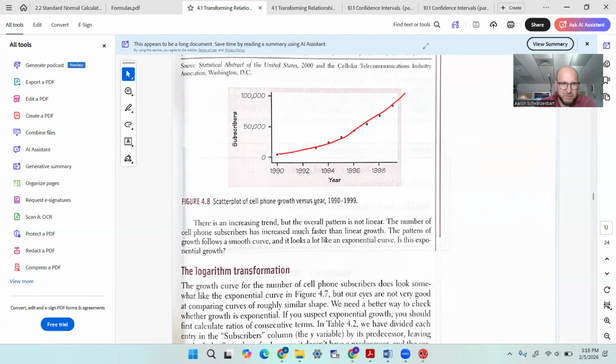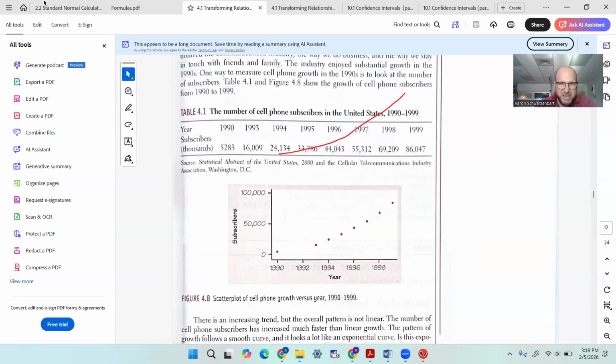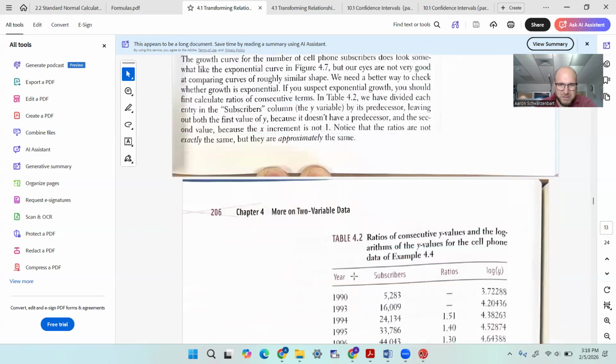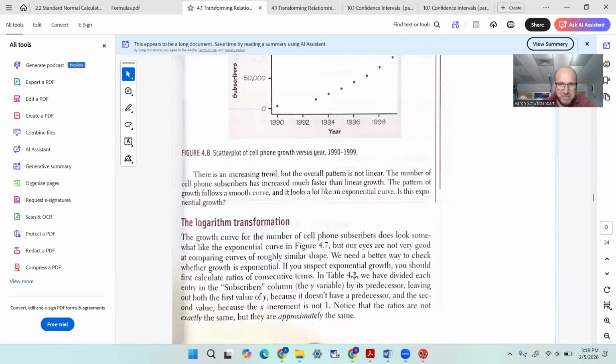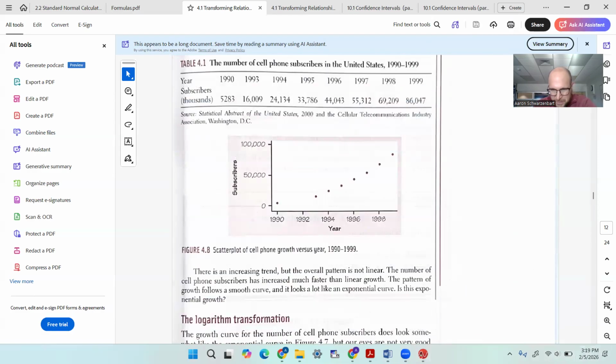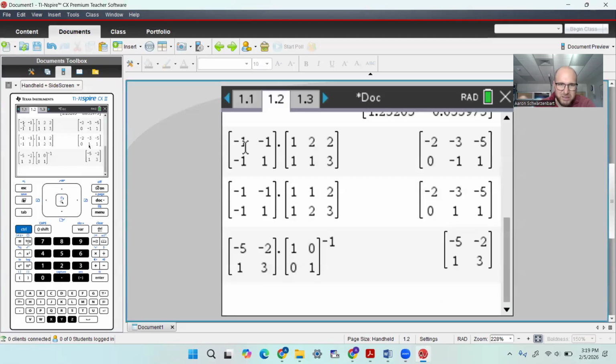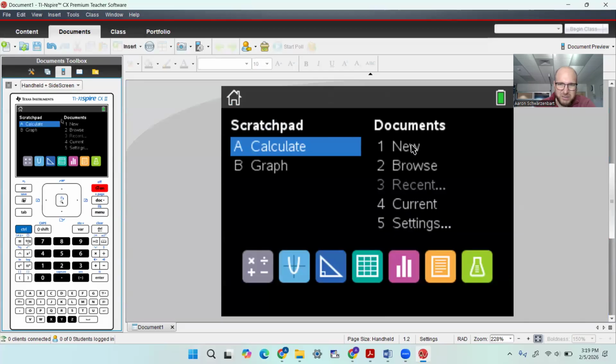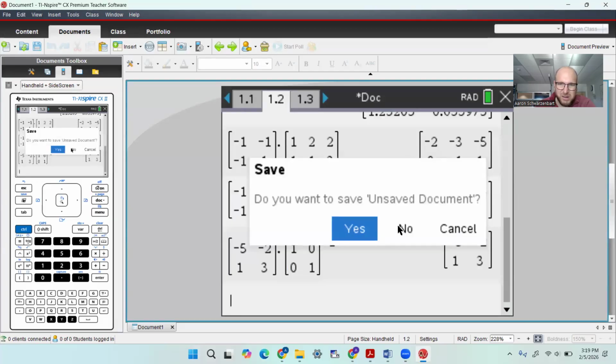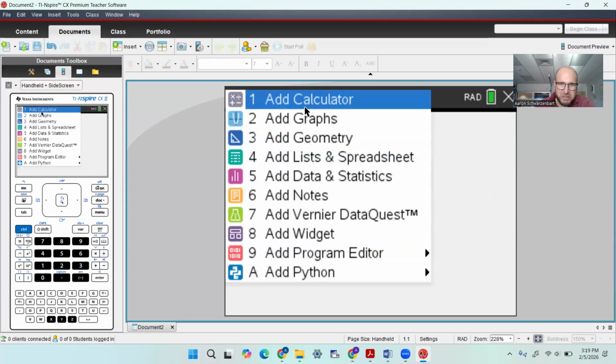So what we're going to do is a logarithm transformation. The first thing I'm going to do is take all this data and put it in my calculator. So I go to my calculator, and like any regression from pre-calc, I do a new one. I don't need anything that I had.